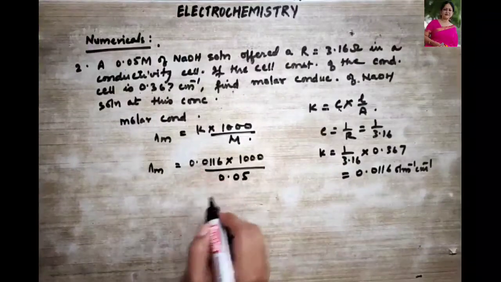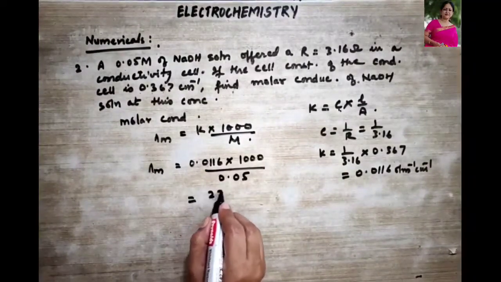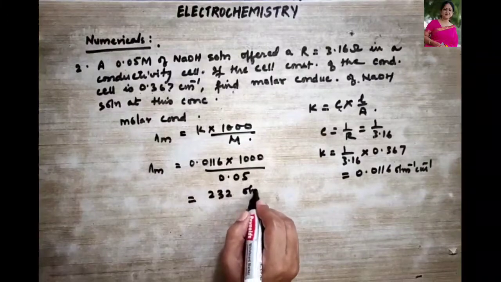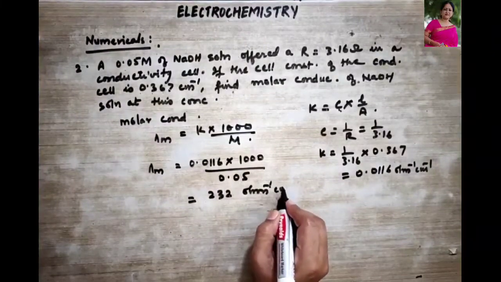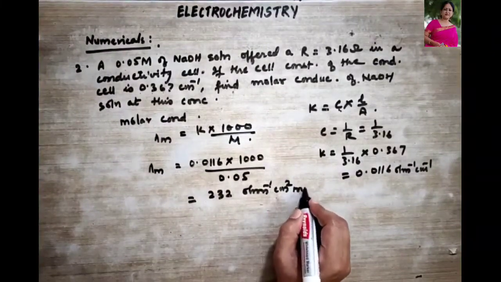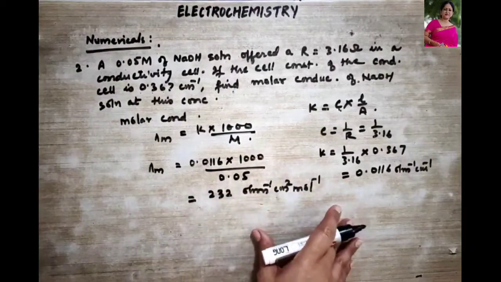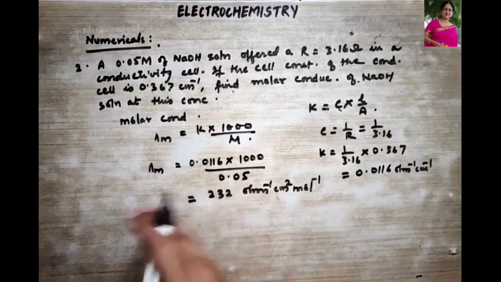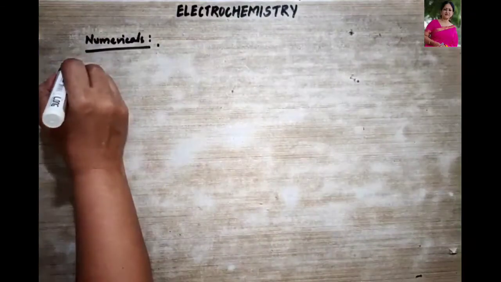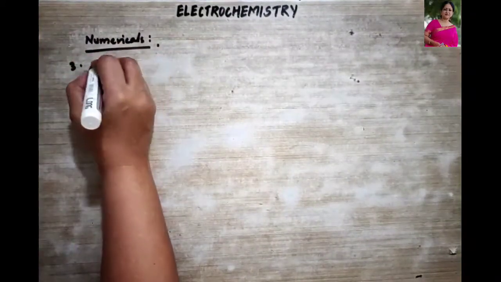Calculate this, you get 32 per ohm centimeter square per mole. So this is how we are going to do the numericals. Let's do another numerical. Let's look at the third numerical.